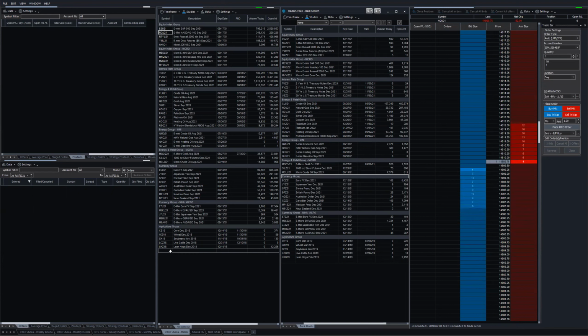Let me split this a little bit better, because we also have products like soybean oil. I want to put on a chart soybean meal, oats, rough rice. So let us do this together quickly.